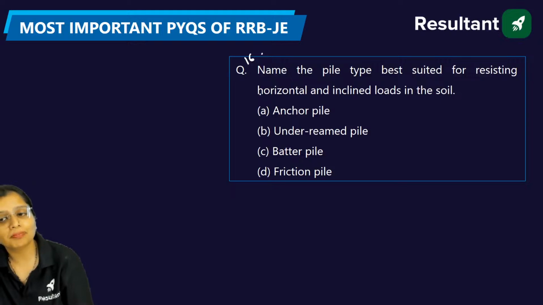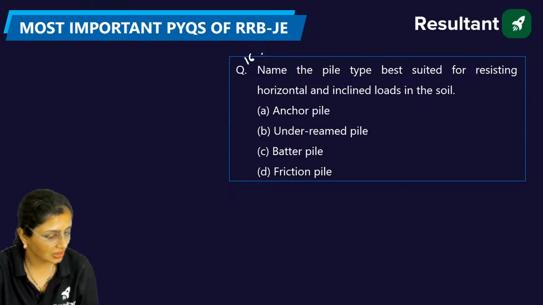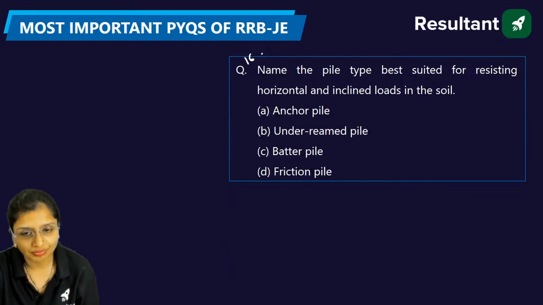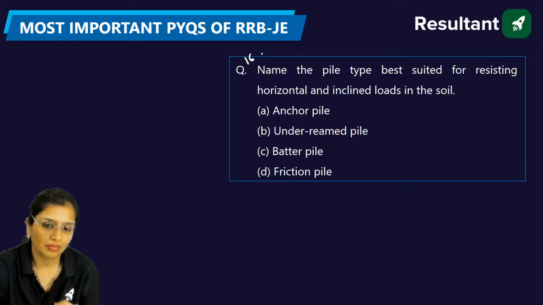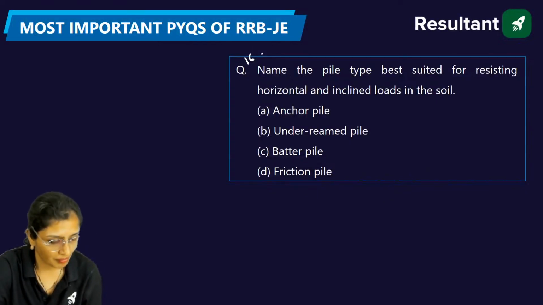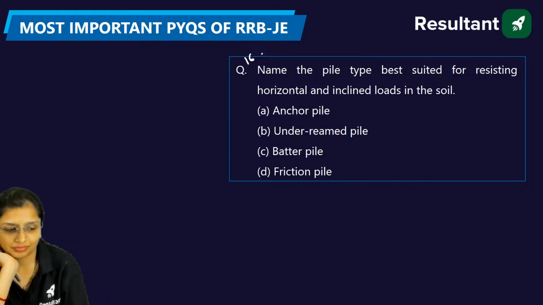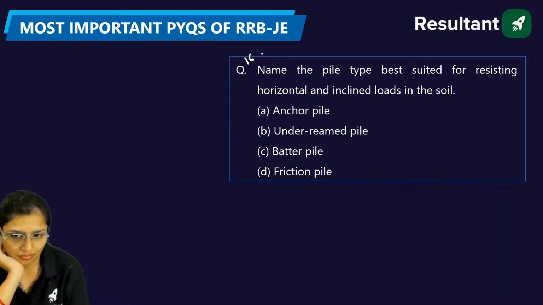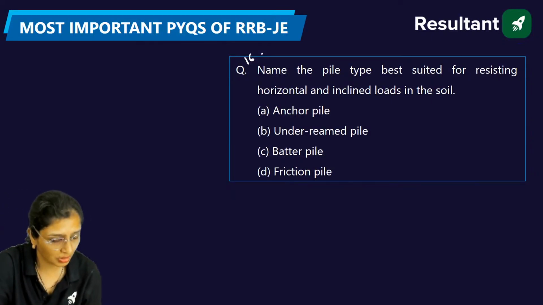Okay. Name the pile type which is suitable for resisting horizontal as well as inclined load. Now this is one which is very common. Question number 16.